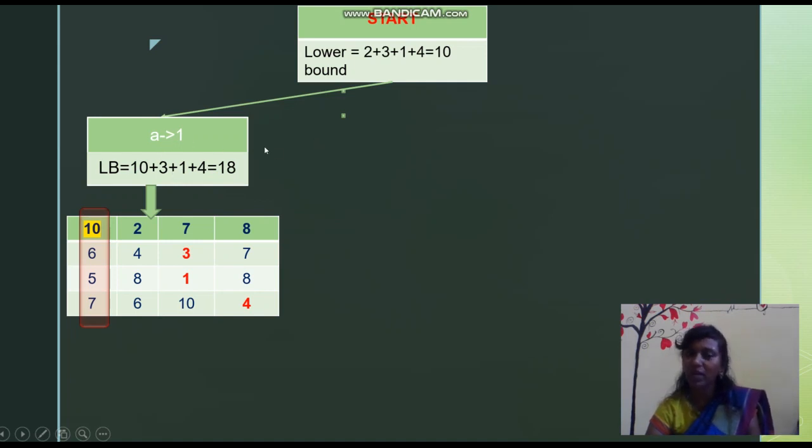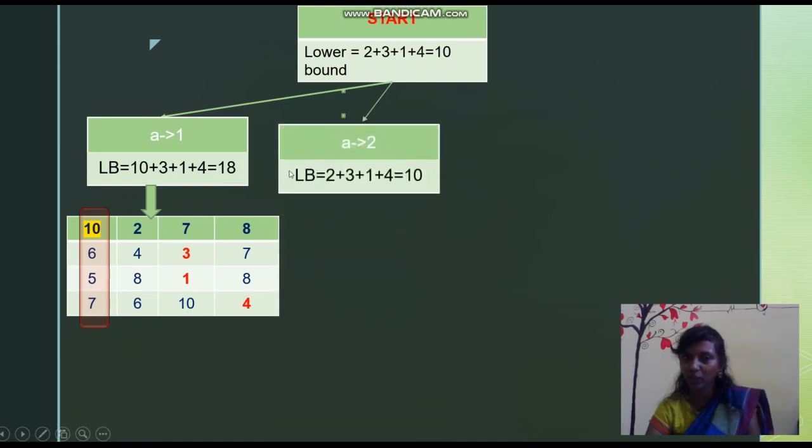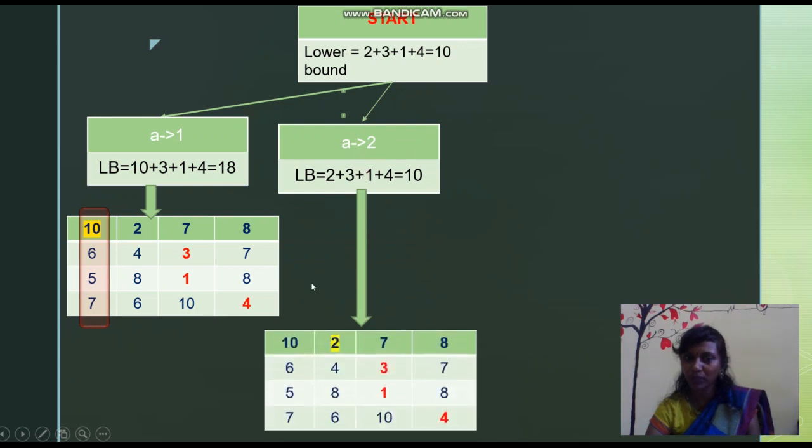Now, the same way, you have to calculate it for person A with job 2. Yes, A with job 2. You have to calculate the lower bound. So for the lower bound calculation, this is the matrix. This is the job 2 column. This is person A. So for job 2, person A, it is 2.